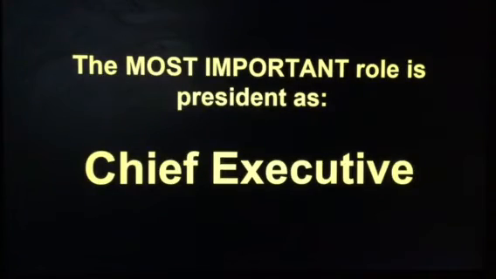The most important role, though, of the president is that of chief executive. That's his main job. Again, in his oath of office, he takes that oath to execute the laws passed by Congress and enforce the laws under the Constitution.